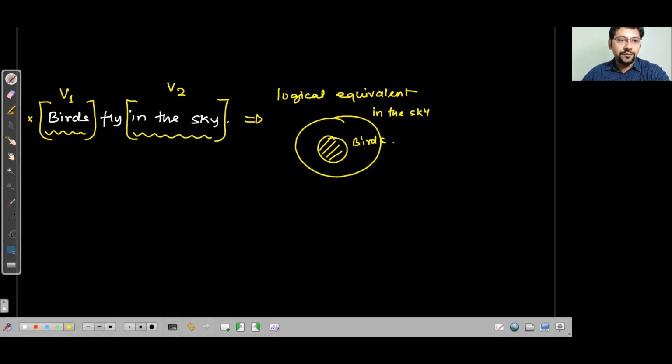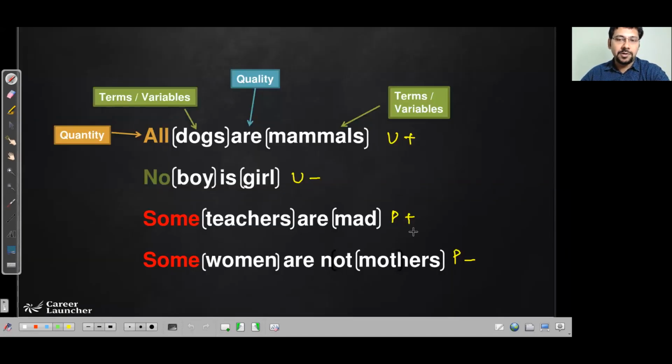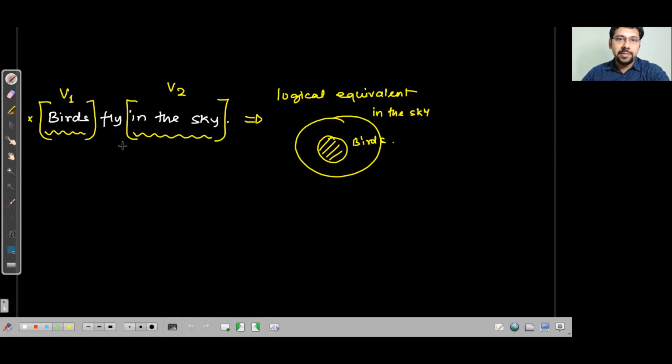So if you do not have a statement given in this format, like universal positive, universal negative, particular positive or particular negative, we have to convert it into its logical equivalent, make it a universal positive or universal negative. So let's do some more examples. For example, if I say something like actors like music.